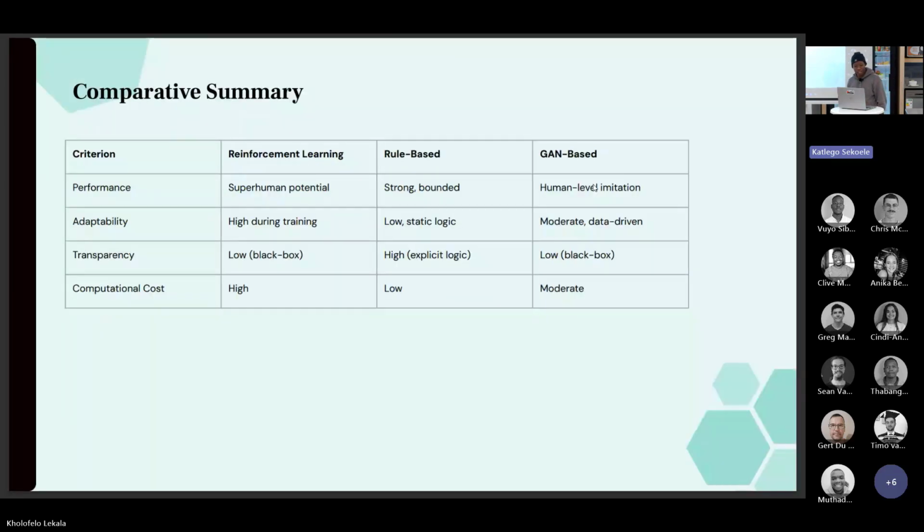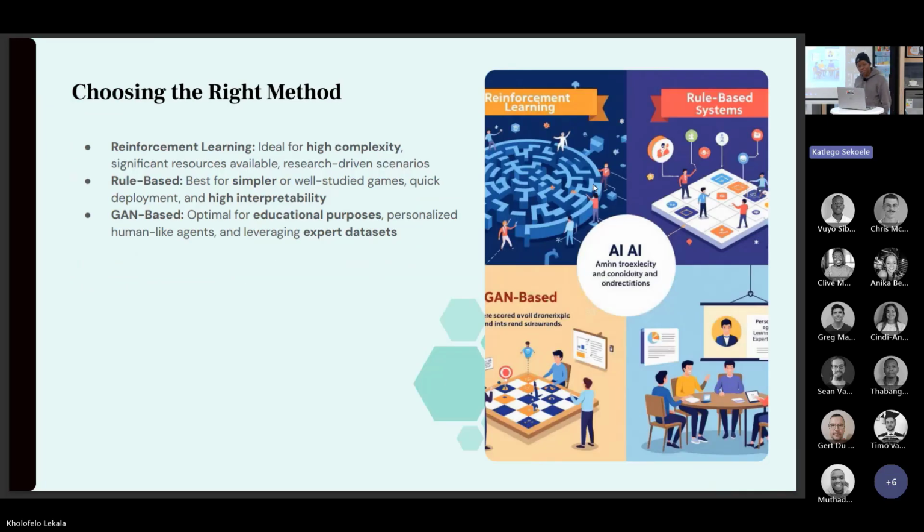So this is basically just a summary of what I said. Choosing the right method is going to be determined by you, what game you want to create, and what resources are available. If you have a lot of resources and you're trying to make the most optimal agent, I suggest that you use reinforcement learning.